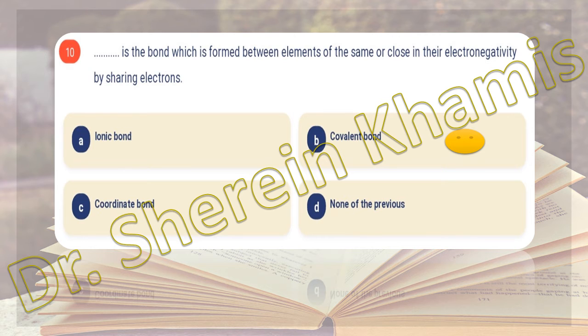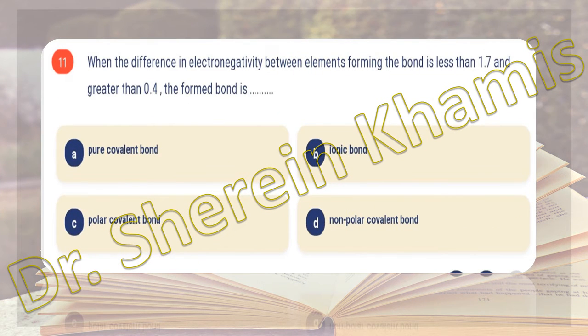Let's go into question 11. Question 11 says that when the difference in electronegativity between the elements forming the bond is less than 1.7 and greater than 0.4, the formed bond is... Okay, we said we have a kind of bond for each range of difference in electronegativity. At 0 we have a pure covalent bond. From above 0 till 0.4, we have non-polar covalent.